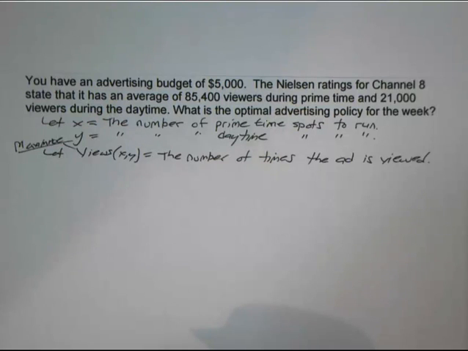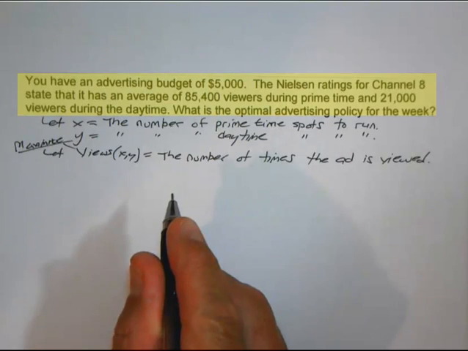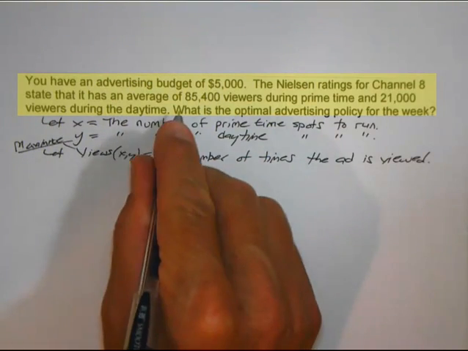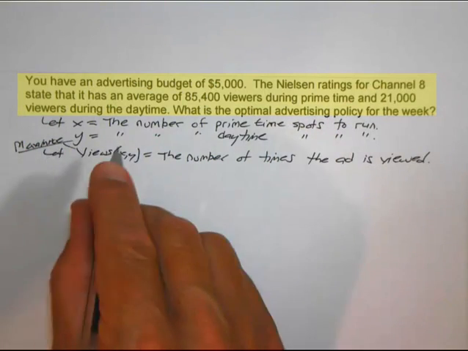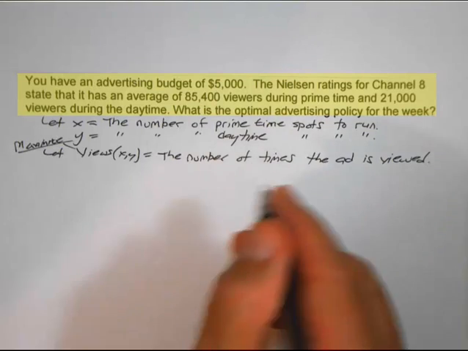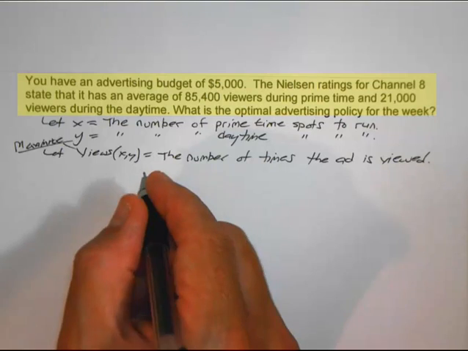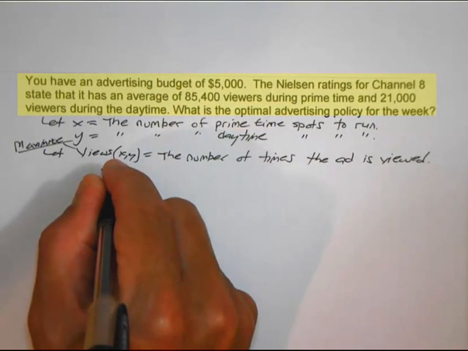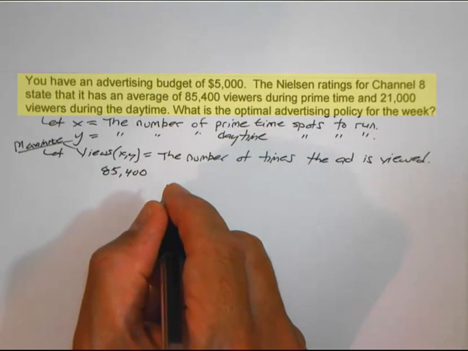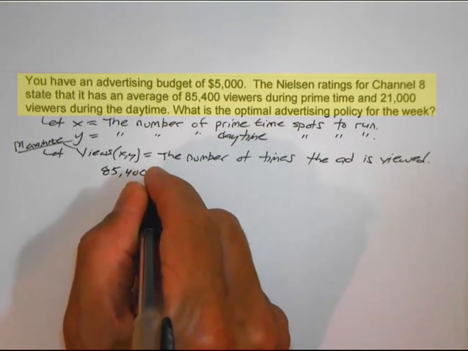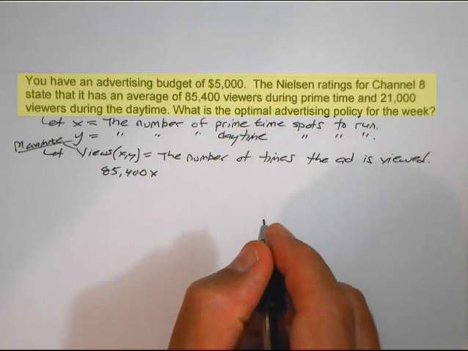As far as formulating the number of times the ad is viewed, we've got these Nielsen ratings: 85,400 viewers during prime time and 21,000 viewers during the daytime. To get the number of views total, we take the product of 85,400, how many primetime viewers there are, and if we run the ad x times during prime time, that's how many views it gets for prime time.